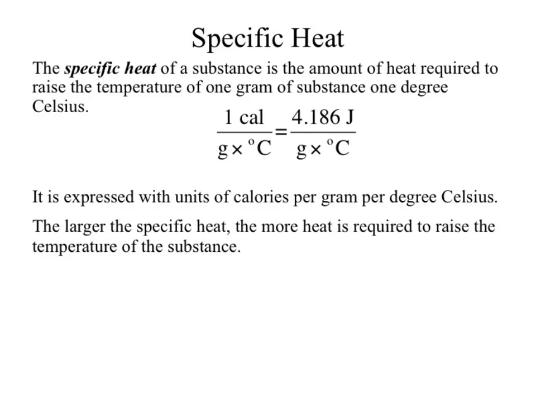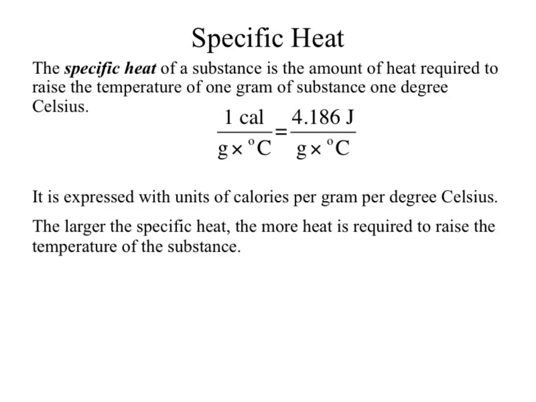We can now come up with this concept of a specific heat. And we're going to use a probably very wrong example, but it works fairly well. The specific heat is a measure of the amount of energy necessary to raise your substance by 1 degree Celsius for 1 gram of that substance. Is that how you do calories?